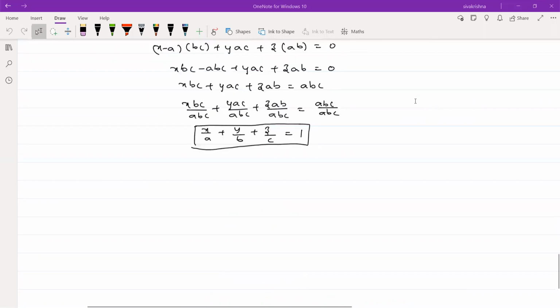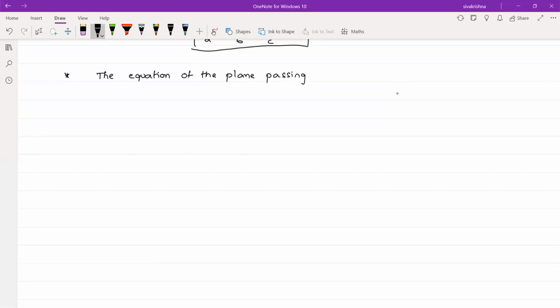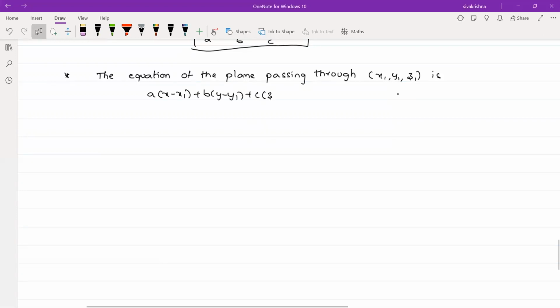Now I am giving you one more formula, that is, the equation of the plane passing through x1, y1, z1 is a into x minus x1 plus b into y minus y1 plus c into z minus z1.